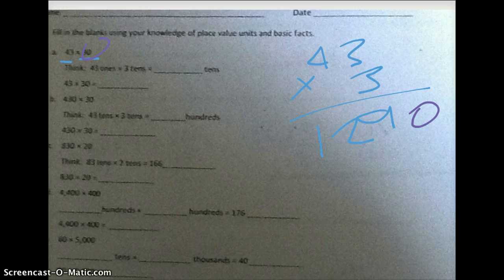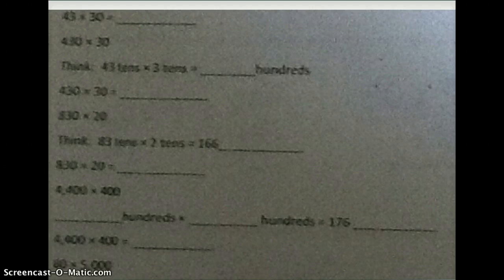So it would be 129 tens, which would also be 1,290. I got to get used to writing this again. Whew, my handwriting. And then you already know that 43 times 3 is 129. And now you have 2 zeros. So it's 12,900.